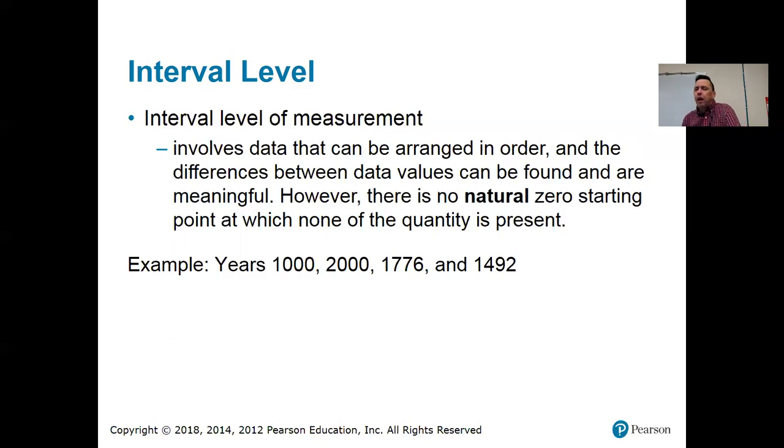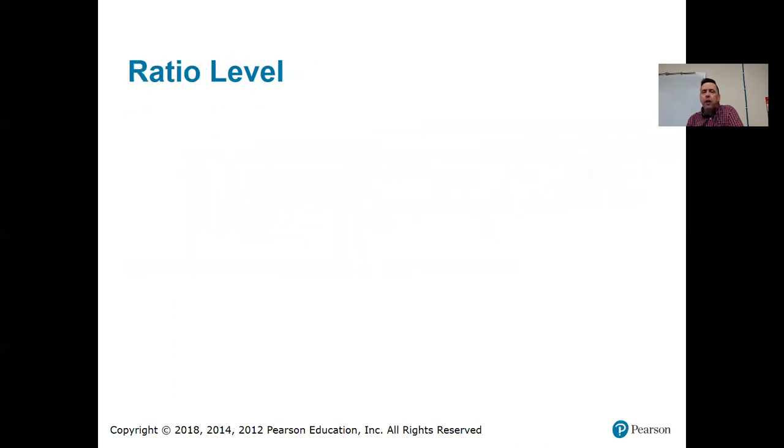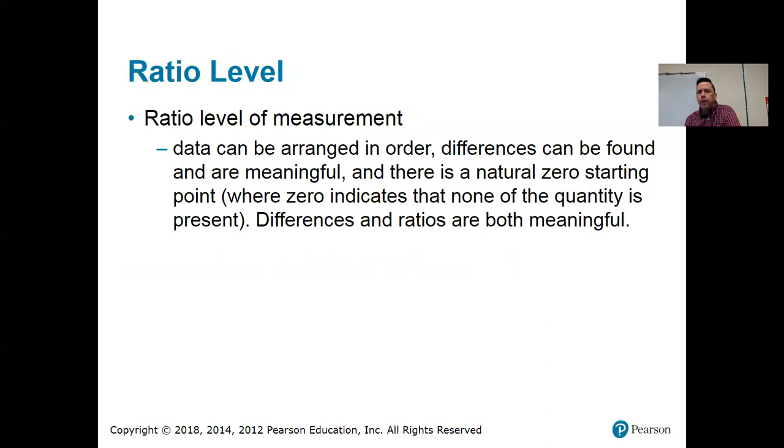Okay. All right, so that brings us to the highest level, which is called ratio level. In ratio level, there is a real meaningful 0, and you can do division. Data can be arranged in order. Differences can be found. So notice, each time you go 1 level up, you get to keep all the stuff that was good about the last level.